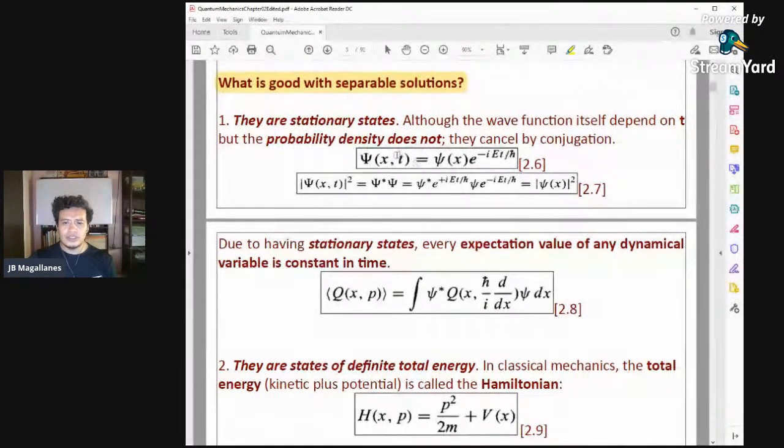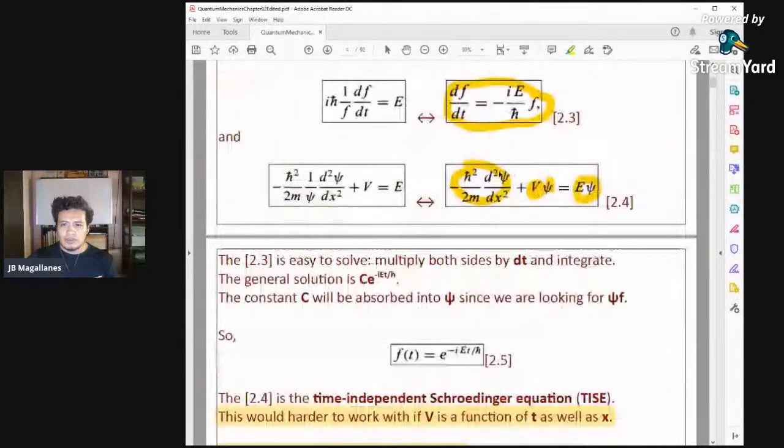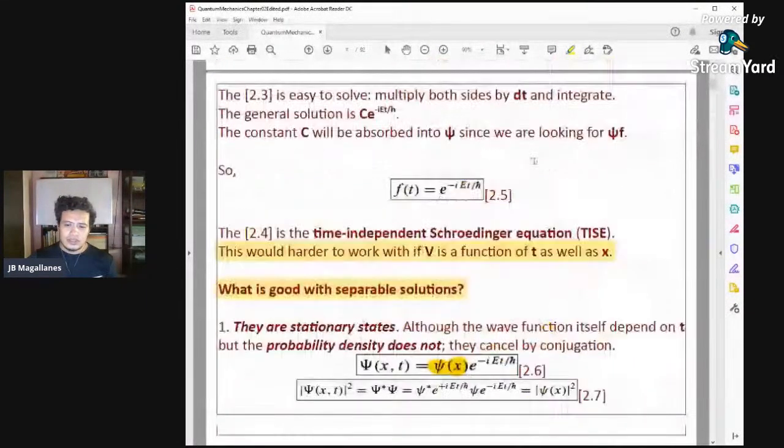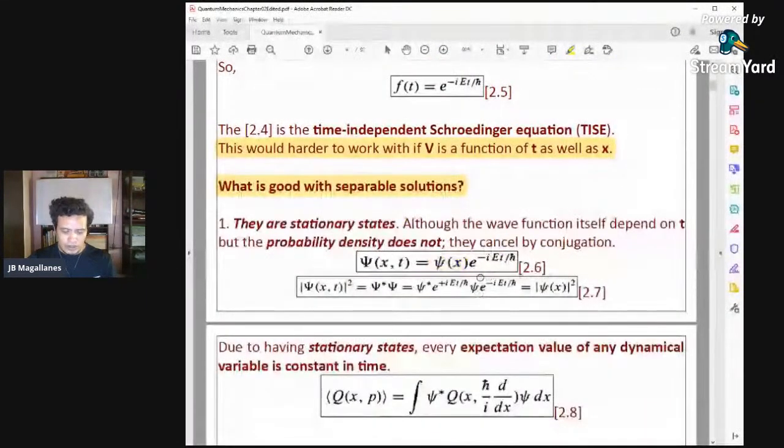So look at here. If we have a stationary wave function phi of x multiplied by f, because psi is a product of phi and f.